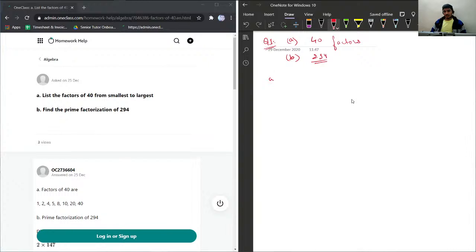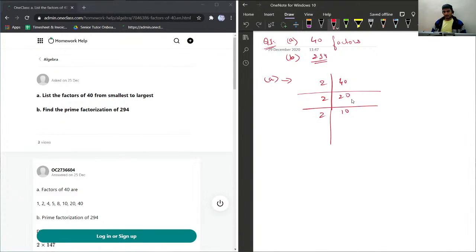First we'll start with the A part. We need to write the factors of 40, so I will do the prime factorization in this case. 40 is an even number, so I can divide it by 2 and this will become 20. Again I'll divide by 2, this will become 10.